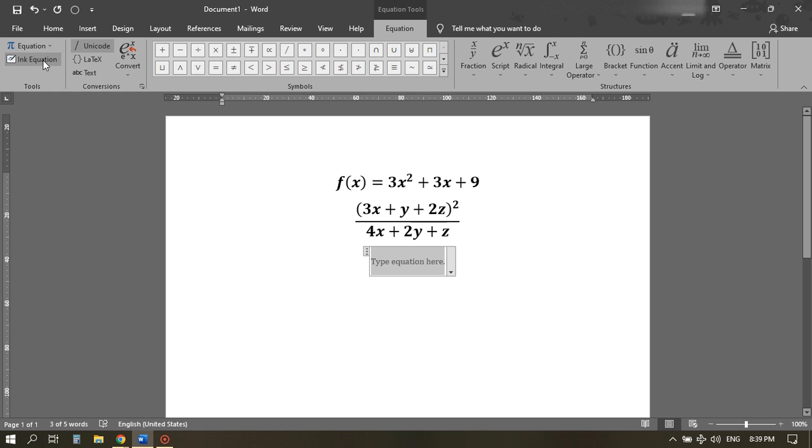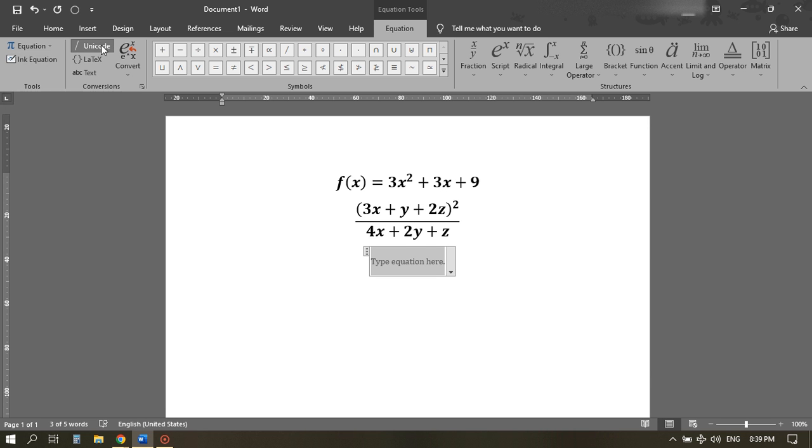Here the ink equation is used when you have a tablet or drawing tablet with a pen, and you write down your equations and it is connected to your PC, so Microsoft will transform it into an equation in your file.